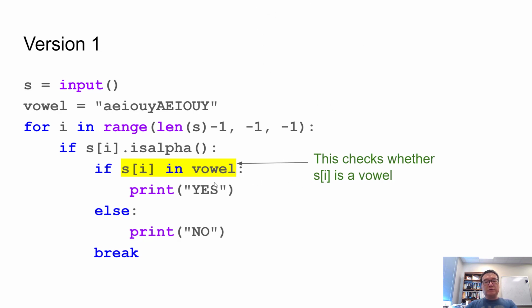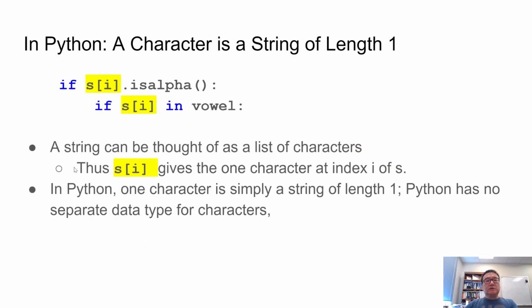Now we're going to examine the individual steps to explain why the code does what we want it to do. The first thing is we want to look at one character at a time. We use this syntax, which is very similar to accessing one element of a list.